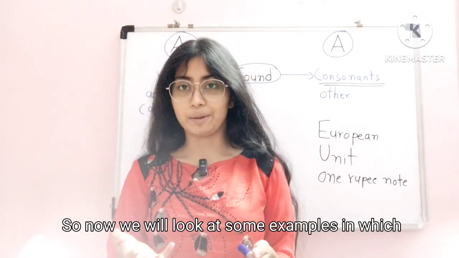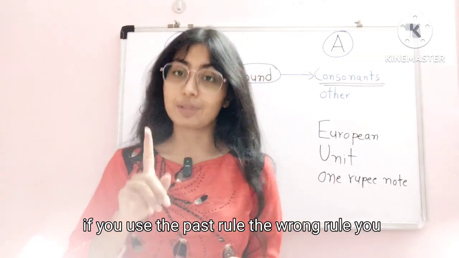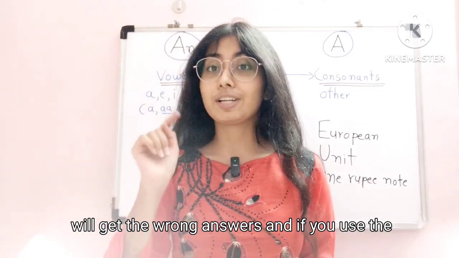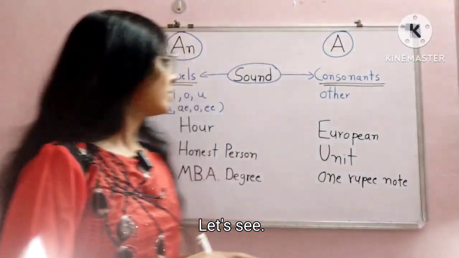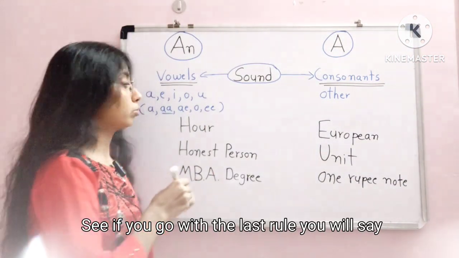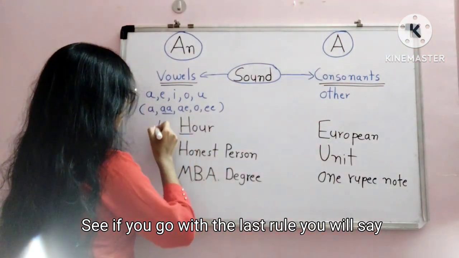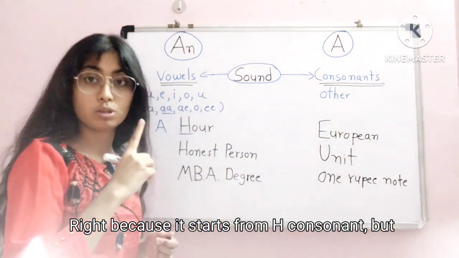Now, we'll look at some examples in which if you use the past rule, the wrong rule, you'll get the wrong answers. And if you use the correct rule, the new one, you'll get the right answers. Let's see. First word is hour. If you go with the last rule, you will say a hour, right? Because it starts from H, a consonant.